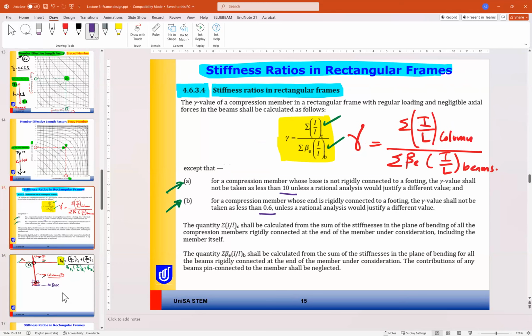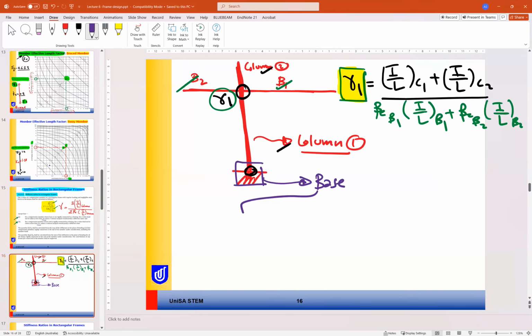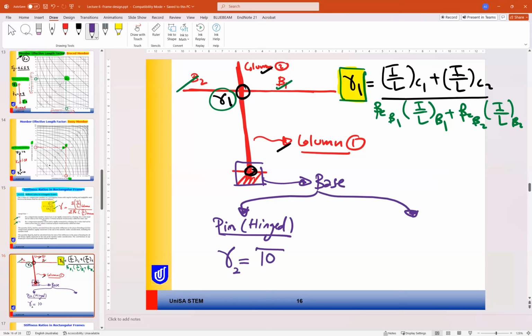Okay, what does this mean? The base can have two options or two cases. Not rigid means pin support or hinged support. So for hinge, gamma equal to 10. The other case is fixed or rigid.